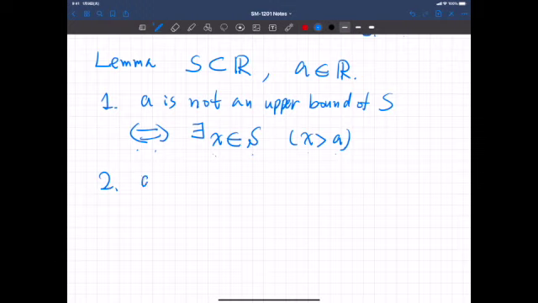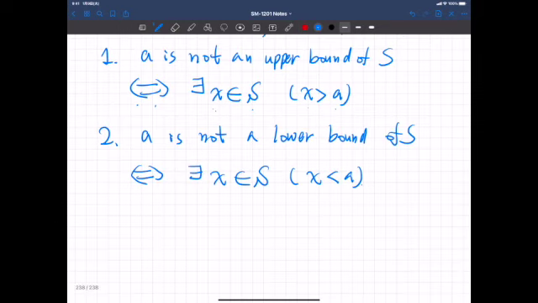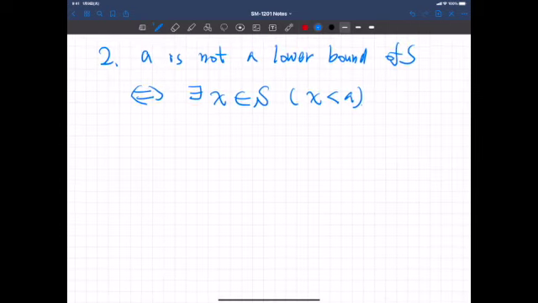And similarly, A is not a lower bound of S if and only if there exists some X in S such that X is less than A. So it's a very similar argument and should be trivial. Okay, so let's move on.